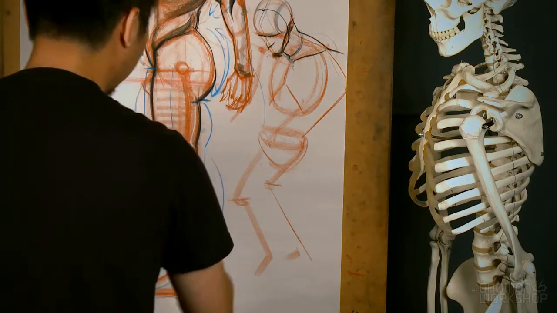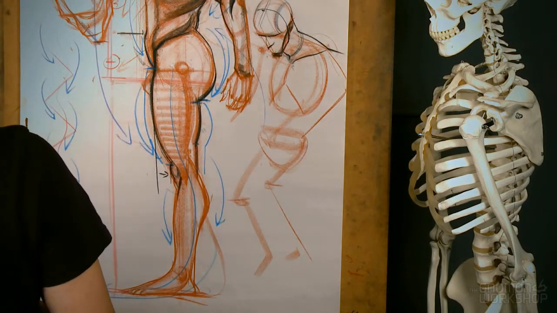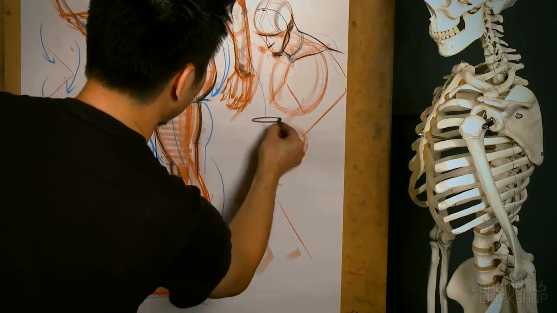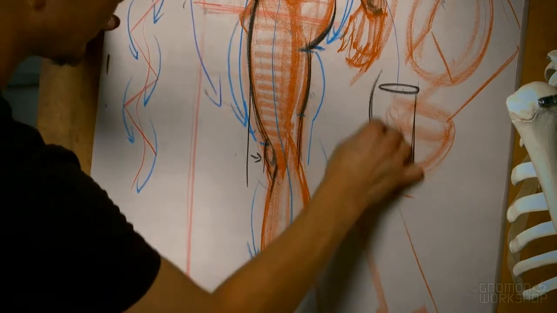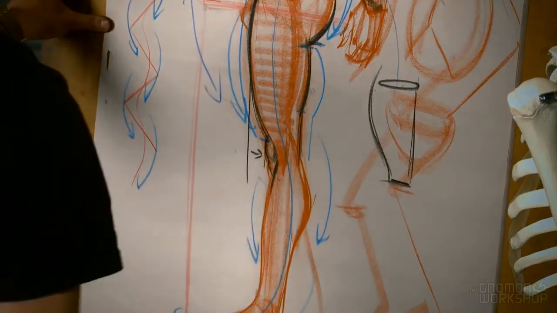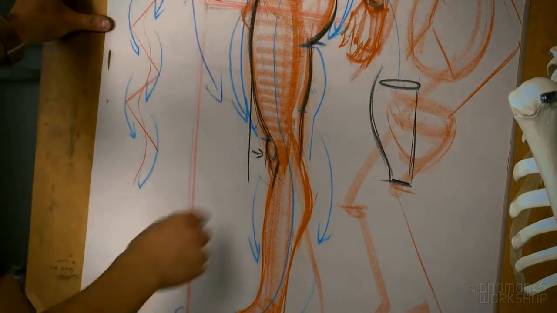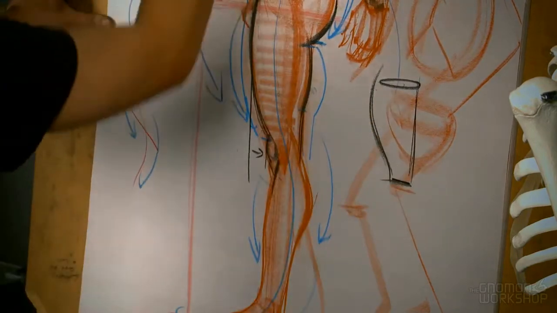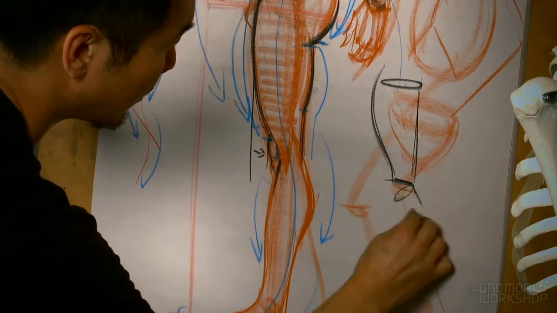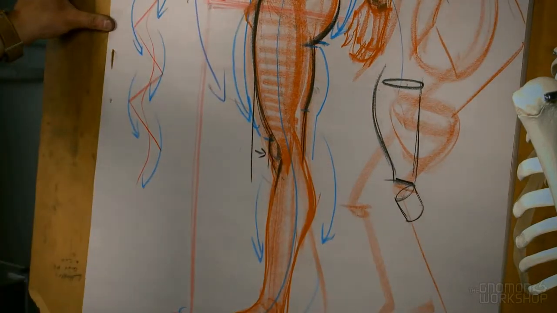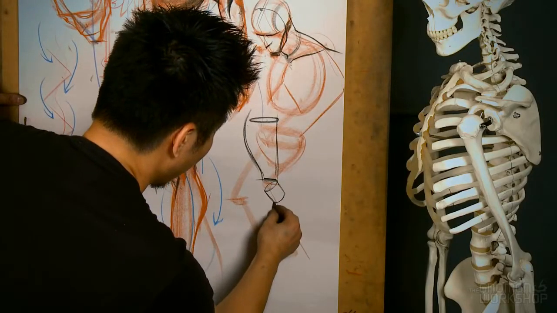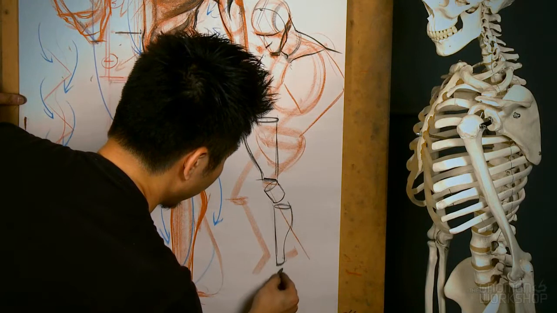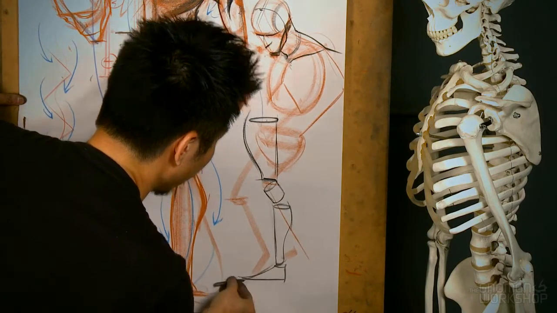Okay, so what I try to visualize is that here's your thigh, comes down like this, and then think about the knee. It's its own section. It looks like little cylinders that angle backwards, just like the neck. And then the shin comes from behind the knee, and the foot is just a wedge like that.